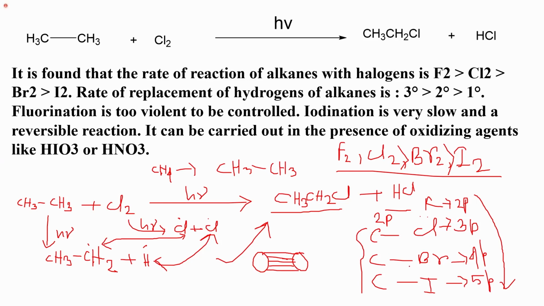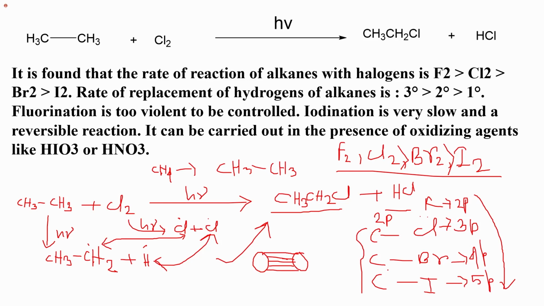So when you go from 2p to 3p to 4p to 5p, the overlapping zone will be less. That's why the formation of CI is much weaker. Not just weaker, they don't want to form the CI bonds.